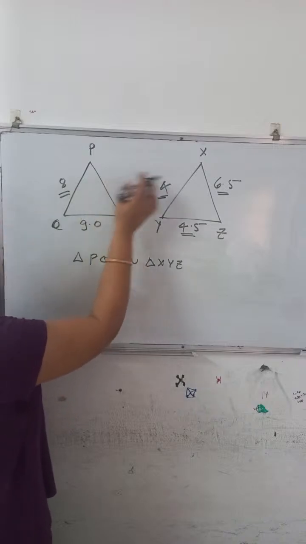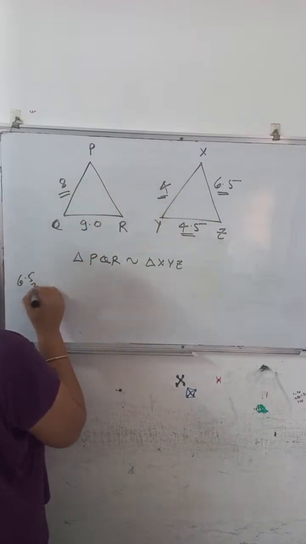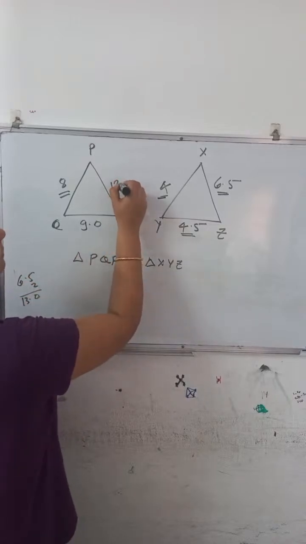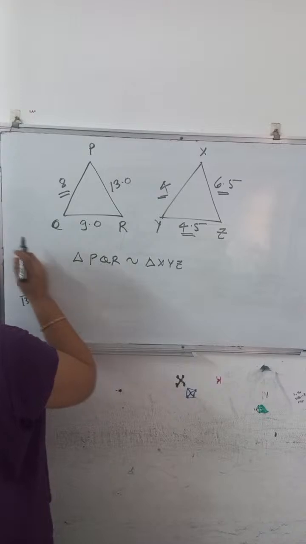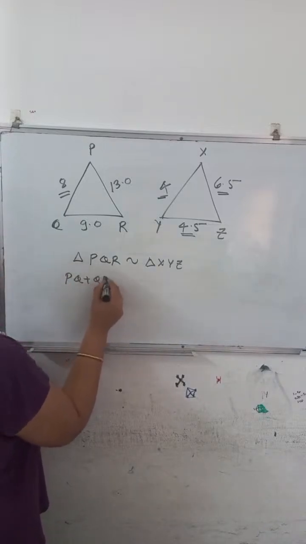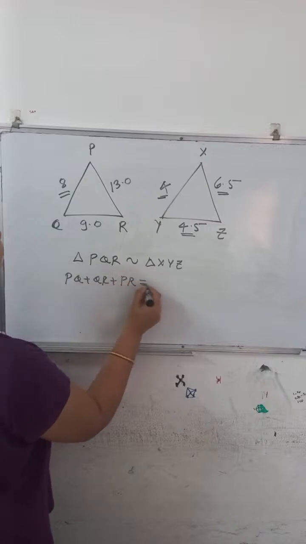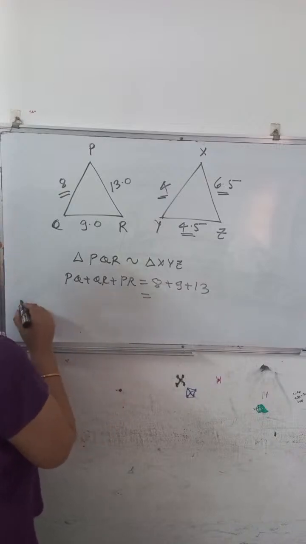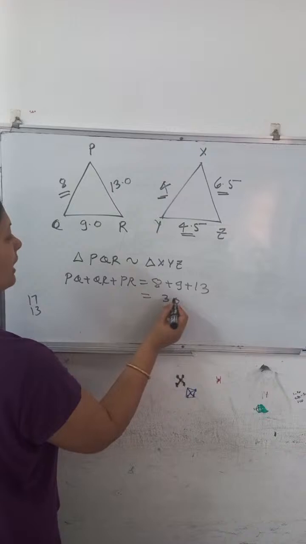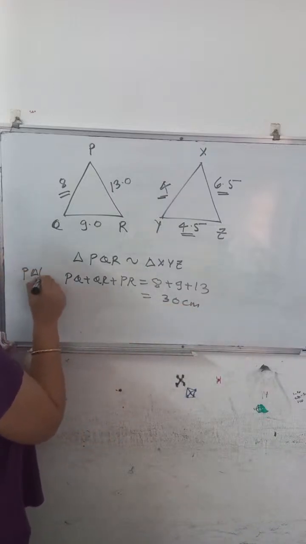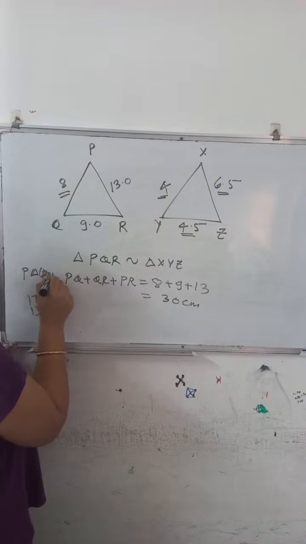Then remaining 6.5 into 2 is 13, no? This will become 13.0. So if you add now, PQ plus QR plus PR is nothing but 8 plus 9 plus 13. Do this. I think it's 30. The answer is 30 centimeter as the perimeter of triangle PQR.